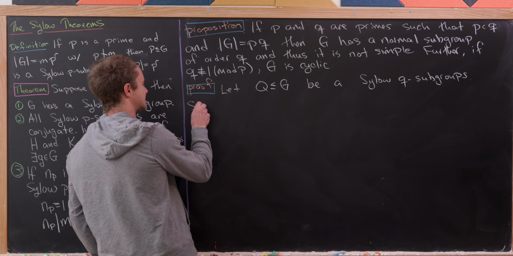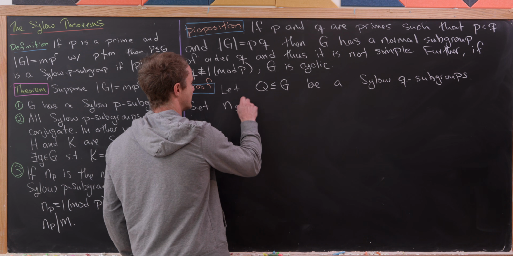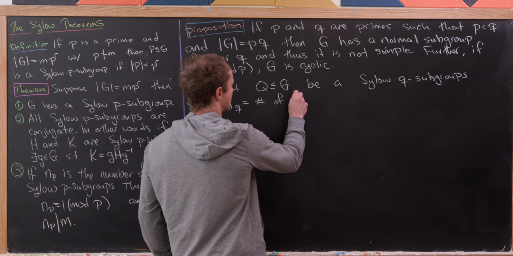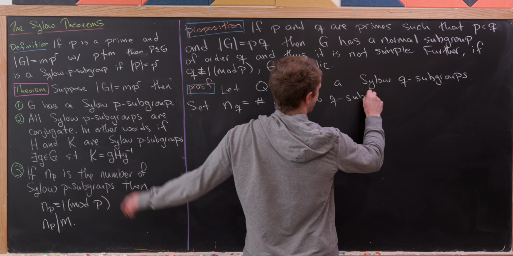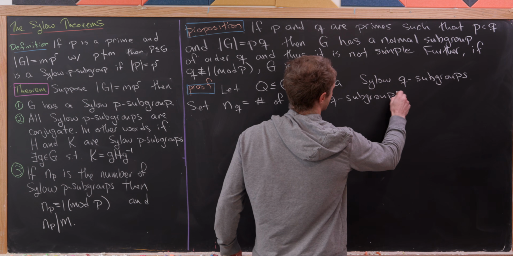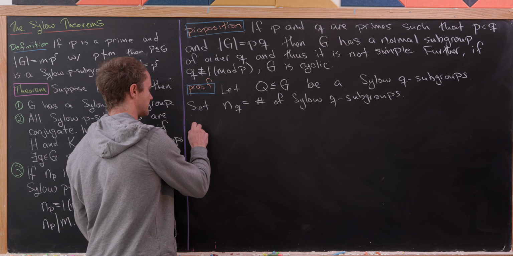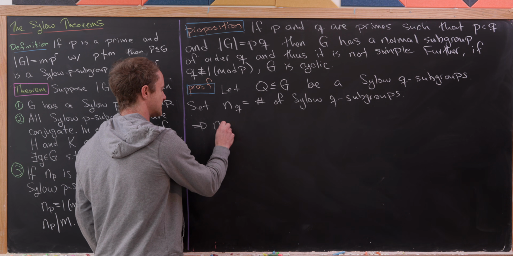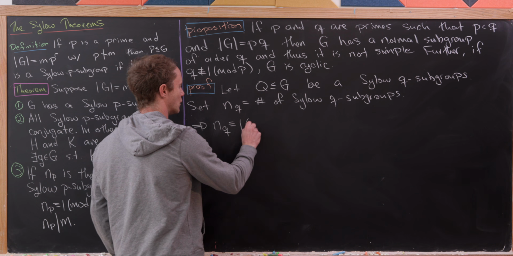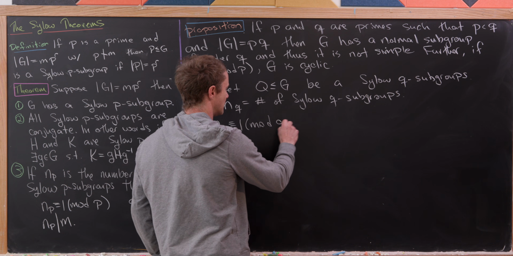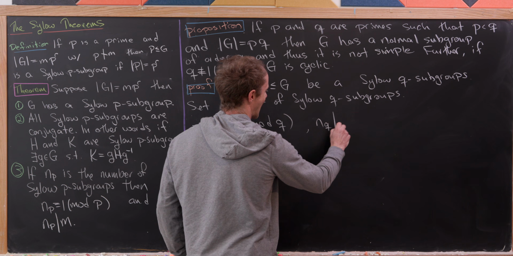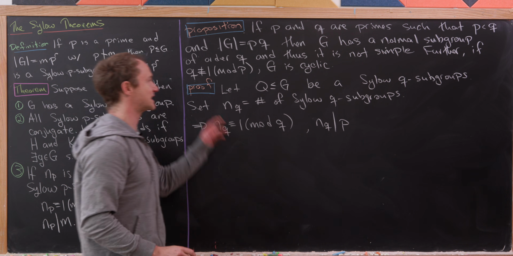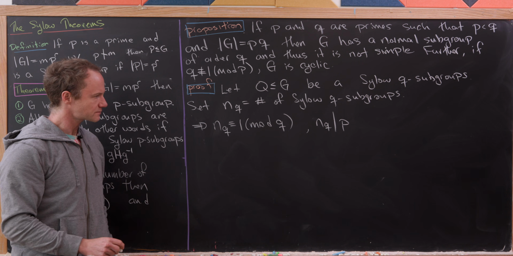And then let's set n_q equal to the number of Sylow q-subgroups, just like we have over here in our theorem. So what do we know? Well, we know that n_q is congruent to 1 mod q. And we also know that n_q has to divide p, because that's what's left over.